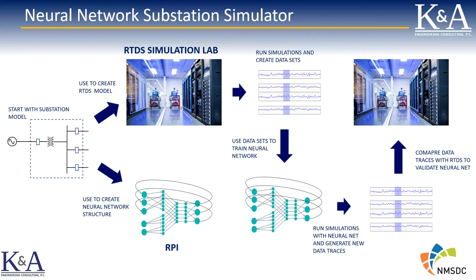Once the network model was built, we used those data streams to train it and teach it the behavior of the substation. Once the network is trained, we'll run simulations and capture the measurements generated by the neural network simulation, then compare them with the deterministic RTDS values and validate that the neural network performs as expected. Next, please.